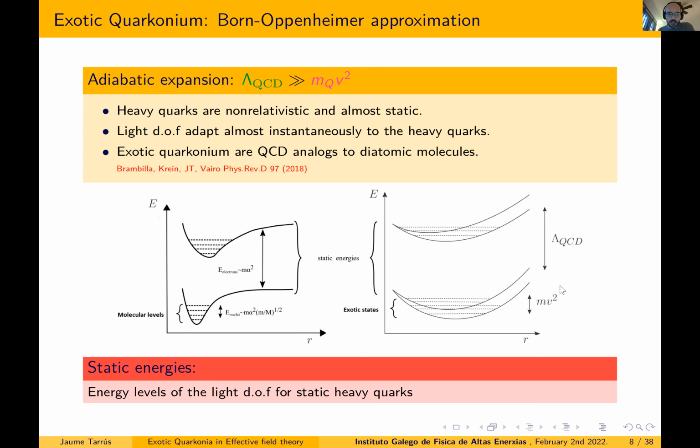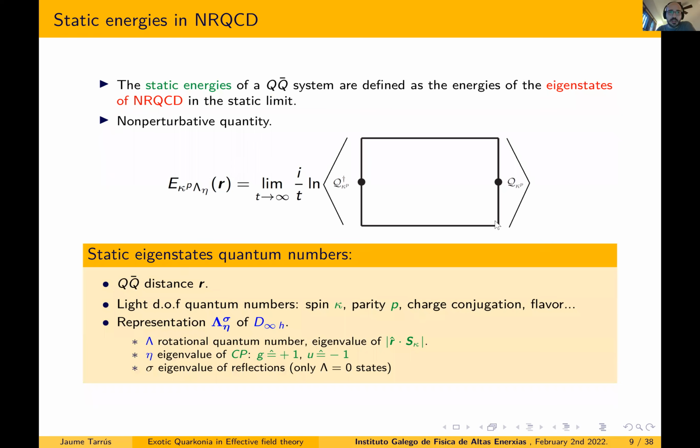The question, of course, is how one obtains these static energies for the light degrees of freedom. They can be defined as the energies of the static eigenstates of a quark-antiquark system in the static limit, in NRQCD. To compute those, one can find an operator in NRQCD that has the same quantum numbers as the desired static energy, so it overlaps with it.